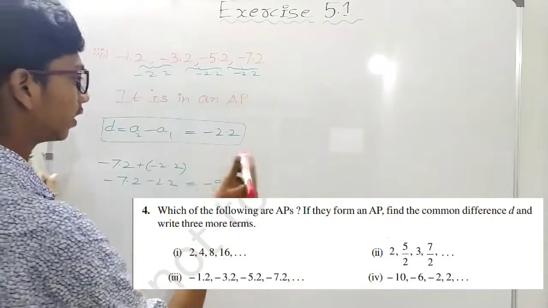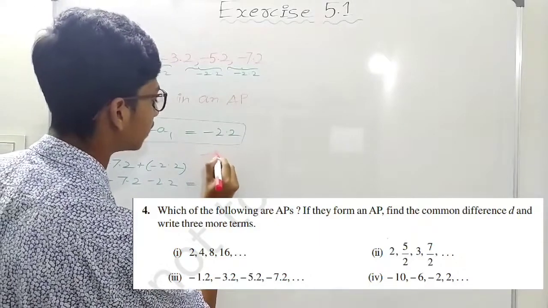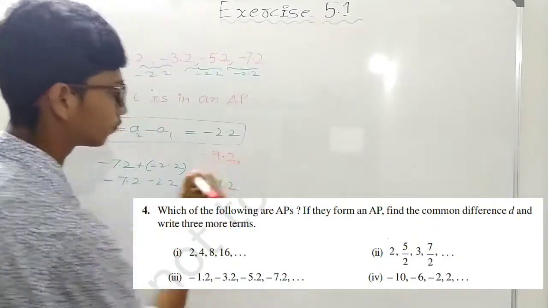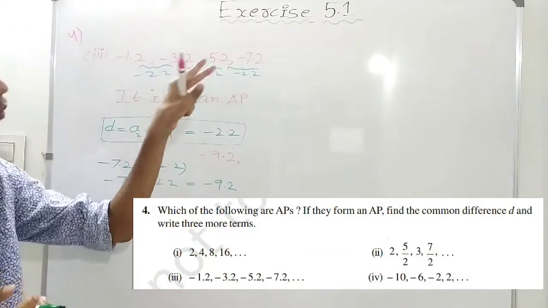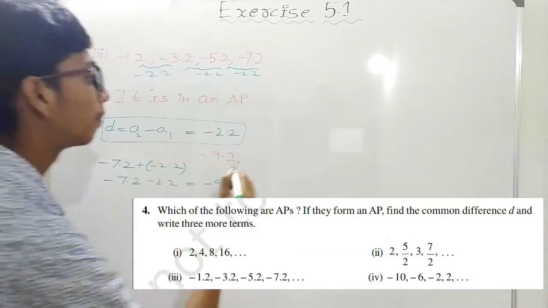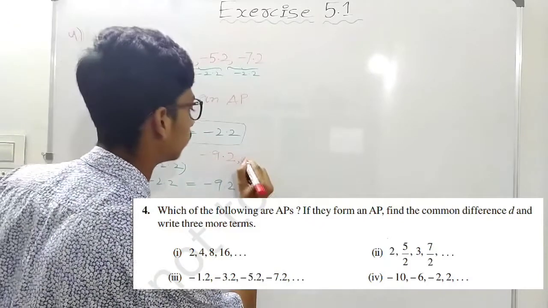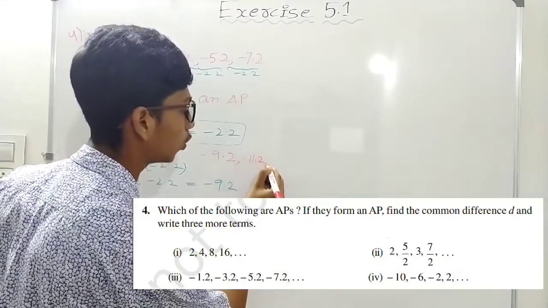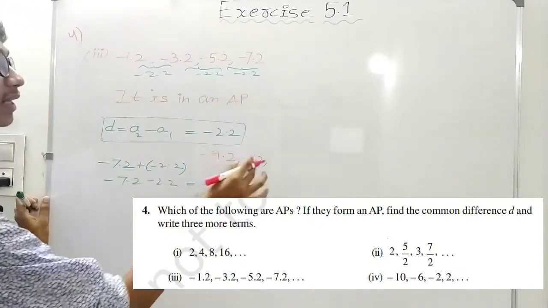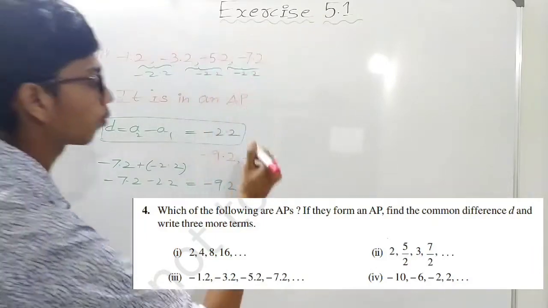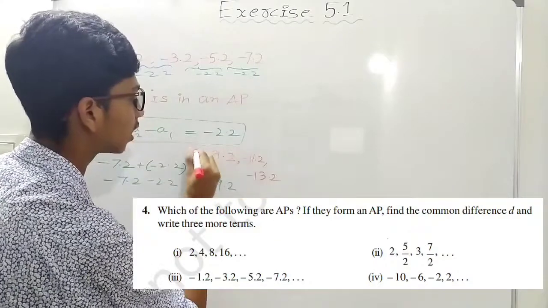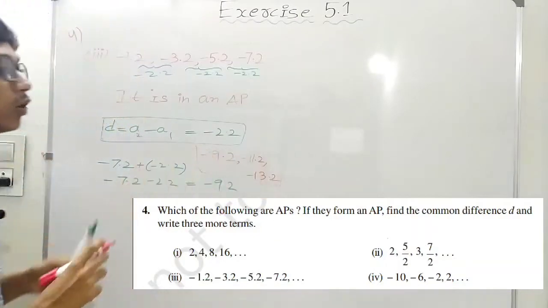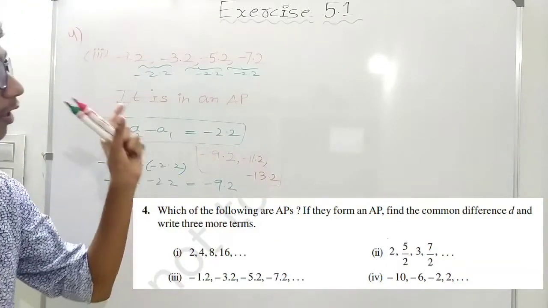The next term will be minus 9.2. Then minus 9.2 plus minus 2.2 is minus 11.2, and again minus 11.2 minus 2.2 is minus 13.2. These are the next three values of the given arithmetic progression.